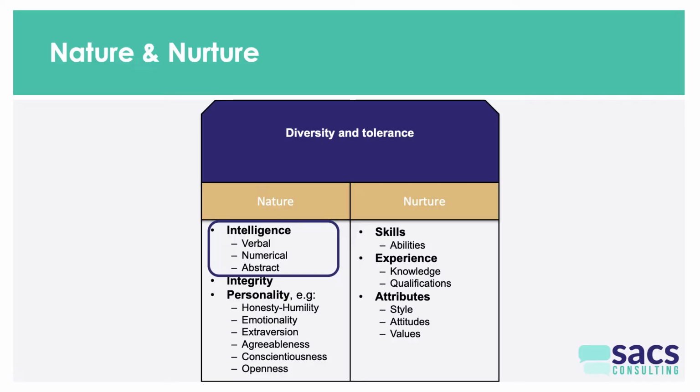The second component is this thing called integrity, and I don't particularly like that term, but integrity is a form of assessment that's used in psychometrics, integrity tests. And people who do better on integrity tests, which are really measures of how likely people are to do bad things, if people have positive characteristics in that respect, they are more likely to be inclusive.